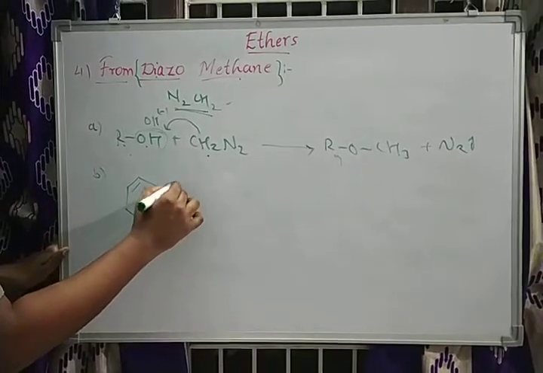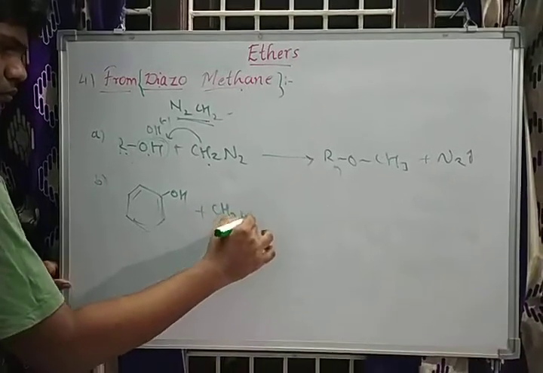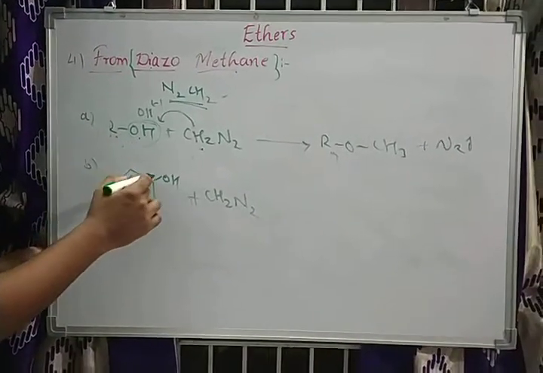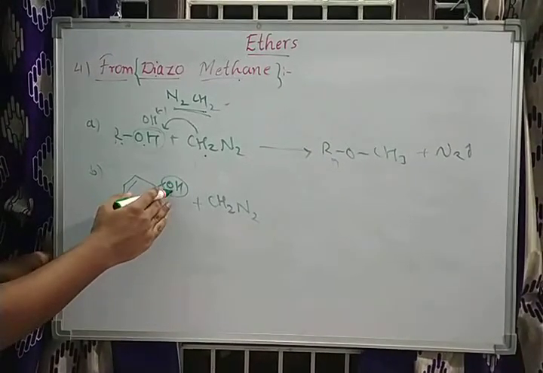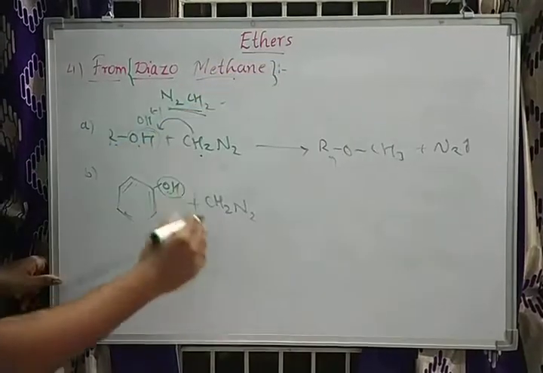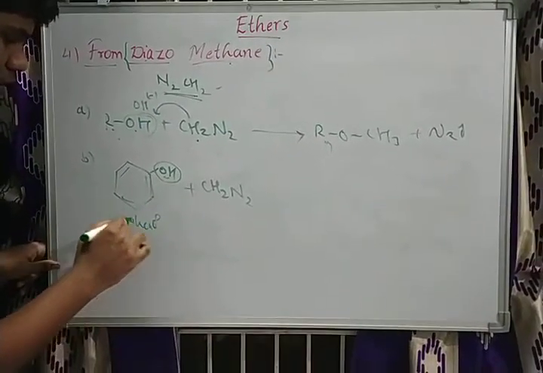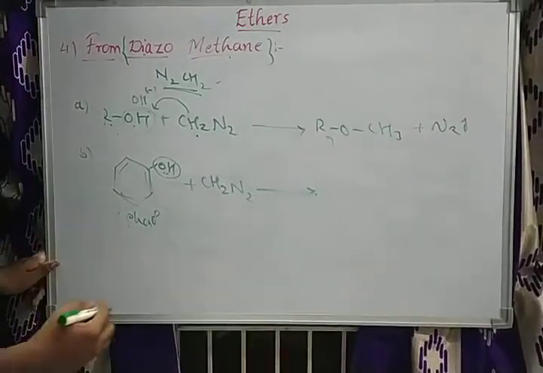I will take phenol plus CH2N2. It definitely must contain OH, because we need an oxygen atom to form ethers, and that's the reason I am taking phenol. C6H5OH is the molecular formula.